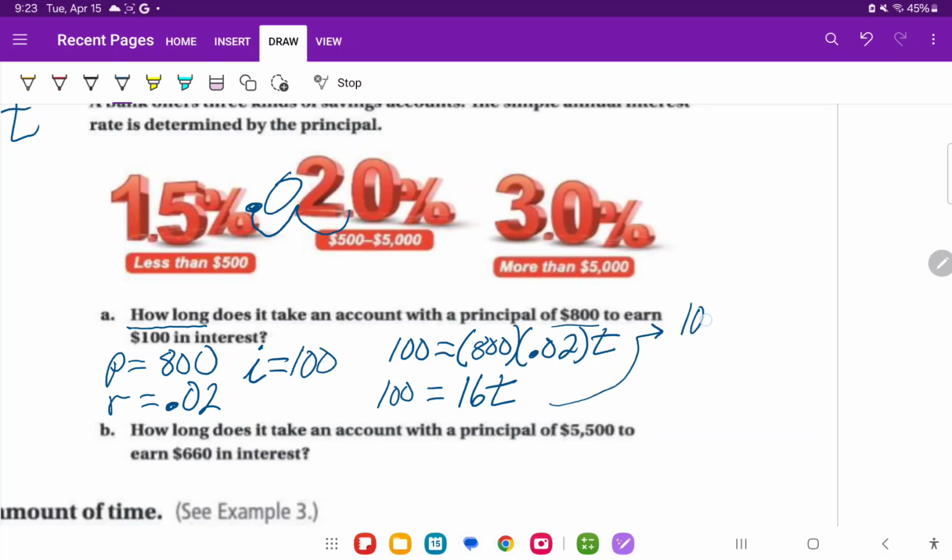Right, so we have 100 equals 16t. So now to solve this, I would divide by 16 on both sides.